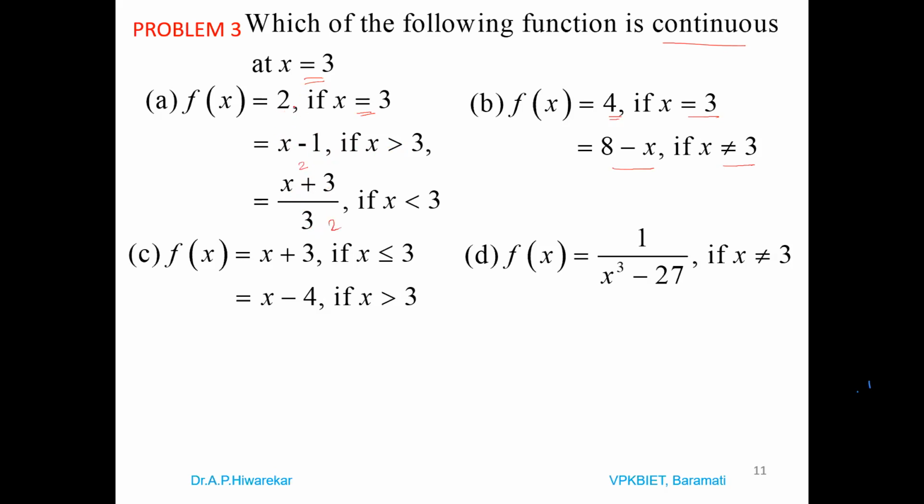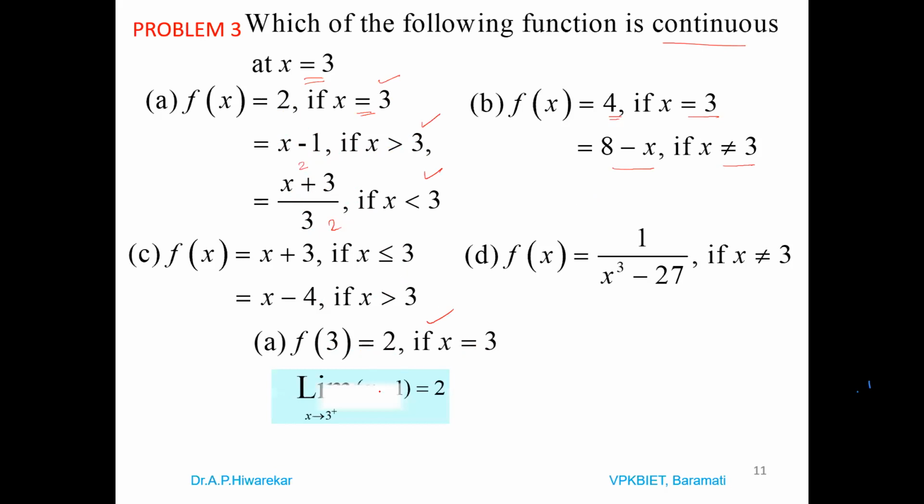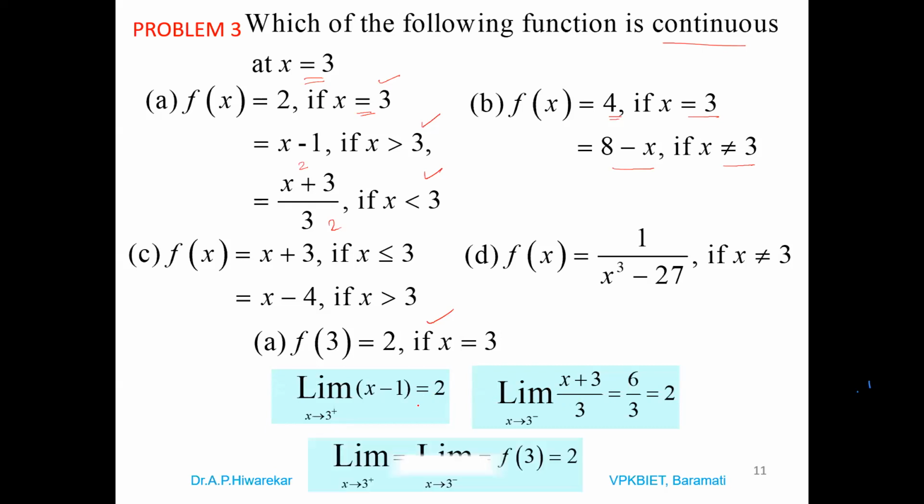So f(3) is 2, that is the value of the function at the point. The right hand limit is also 2, and the left hand limit is also 2. So the function is continuous.